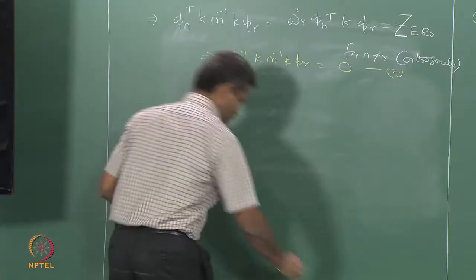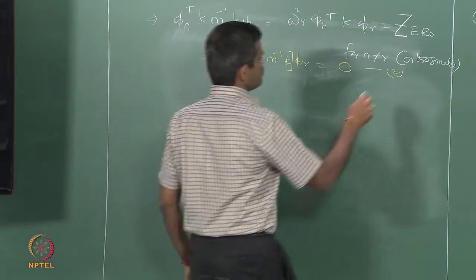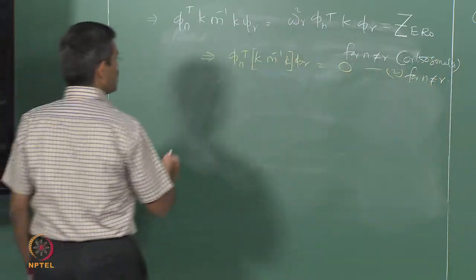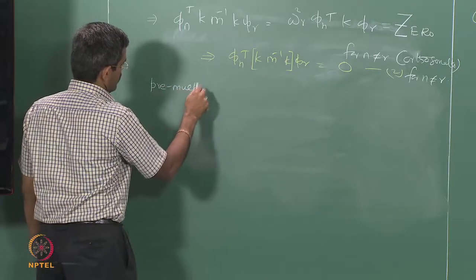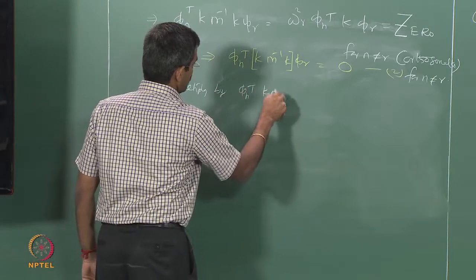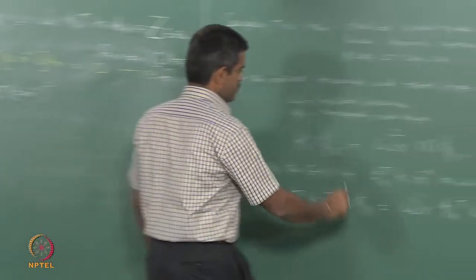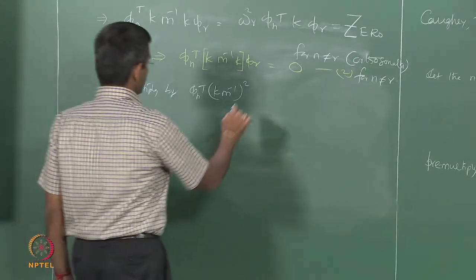Okay, let us do it like this. For n not equal to r, pre-multiply equation 2 again by phi n transpose k m inverse square. So, initially it was to the power 1, now I am doing it for the power 2, both sides.